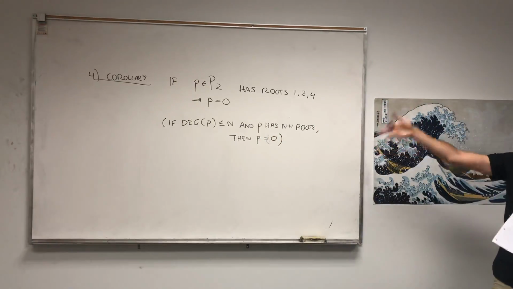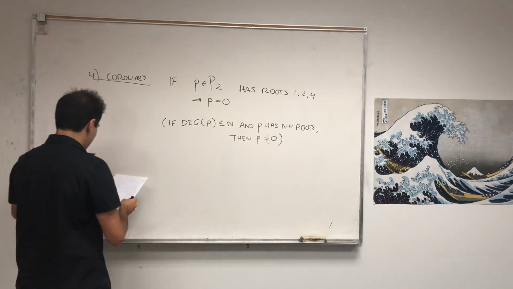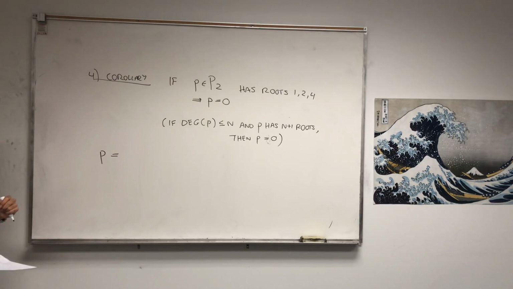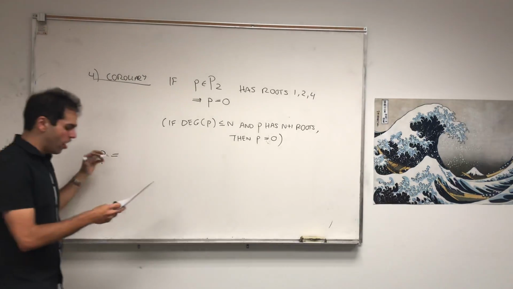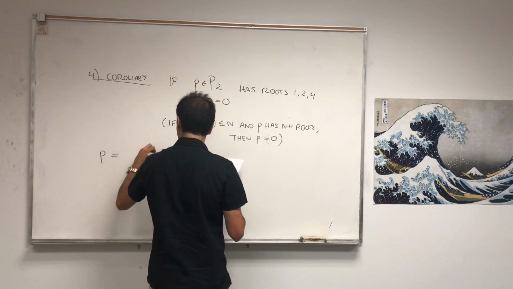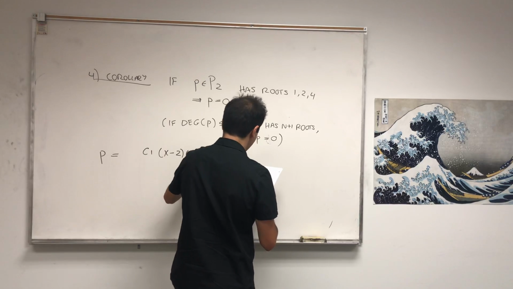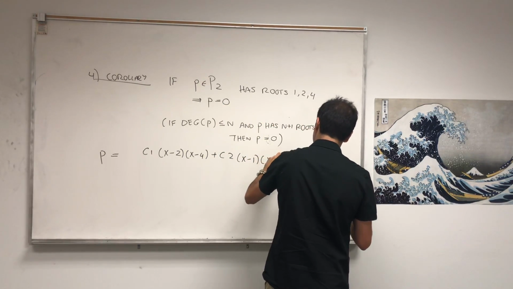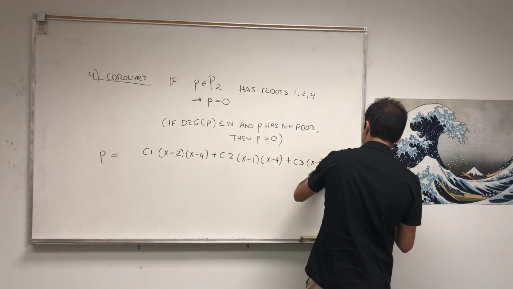And it follows from the Lagrange Interpolation Formula. Remember, the previous set was a basis, so you can write P as a linear combination of those nice polynomials: C1 times x minus 2 times x minus 4, plus C2 times x minus 1 times x minus 4, plus C3 times x minus 1 times x minus 2.